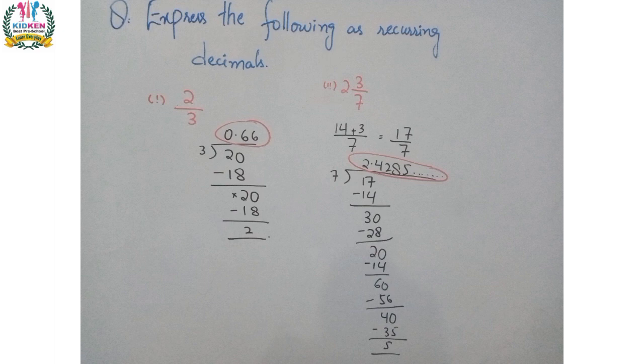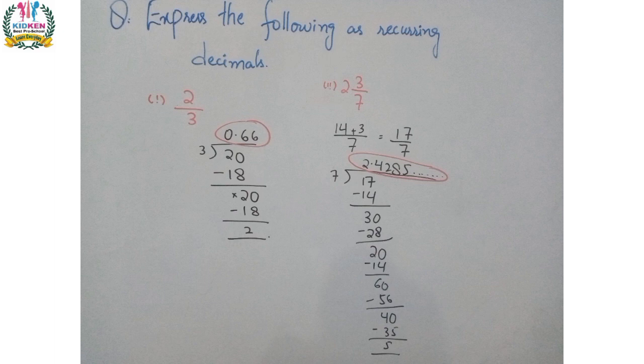Again we put a 0 and 2 converts to 20. Then 7 2s are 14. We subtract 20 minus 14, then our remainder is 6. Then again we add 0 to 6 and convert it to 60. Then 7 8s are 56. Subtracting 60 minus 56, our remainder is 4.